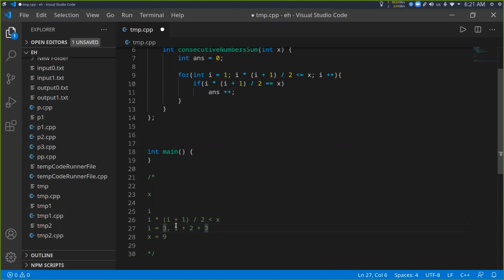So now it's clear that i times (i plus 1) over 2, which is 6, is smaller than 9. So what happens if we add 1 to each one of these values? Oh, it reached 9, right? Why is that?